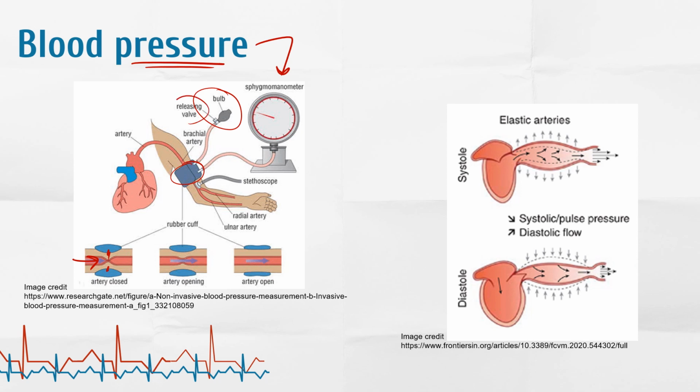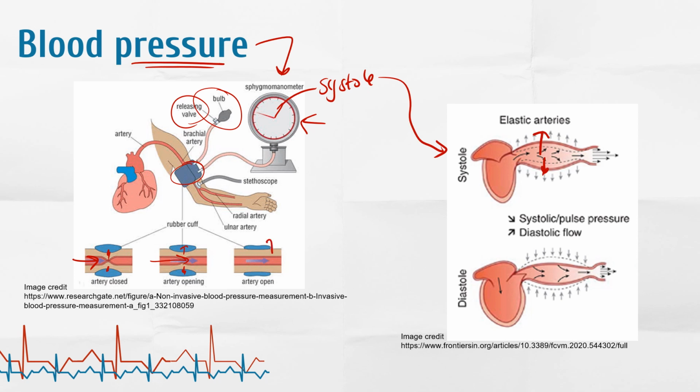So what we do is we release the pressure just a little bit, and that causes the pressure of the valve to lessen, and at some point it'll be lessened enough that the blood can start to flow through the artery again. The machine or the person with the stethoscope listening can now detect the pulse, and so whatever the pressure is on the machine when we can start to hear or feel that pulse again is what we call the systole, systolic pressure, and that's from that pushing out on the walls of the arteries.